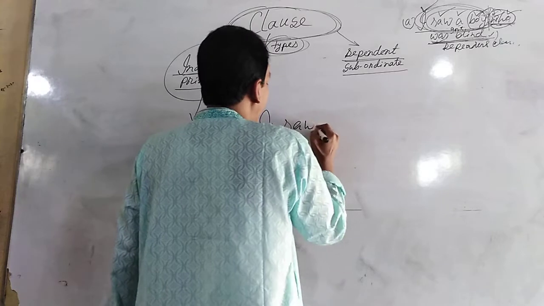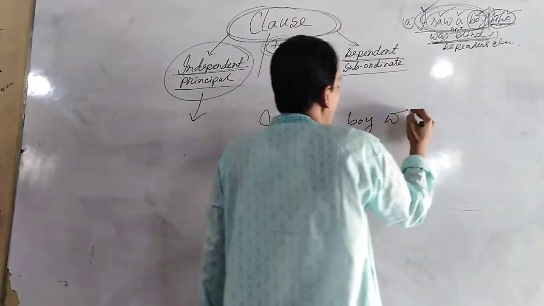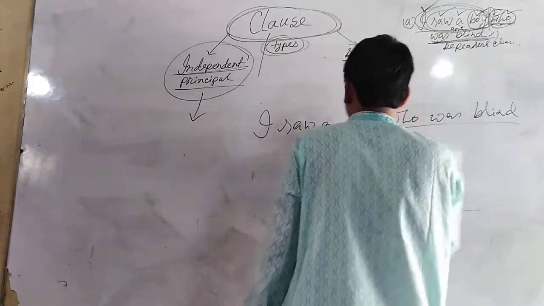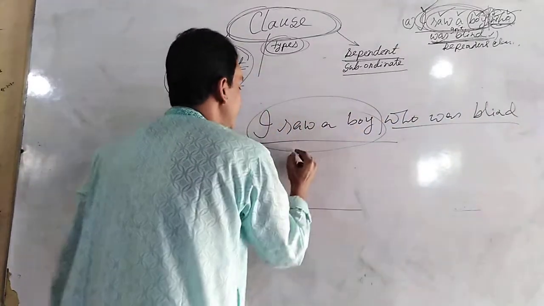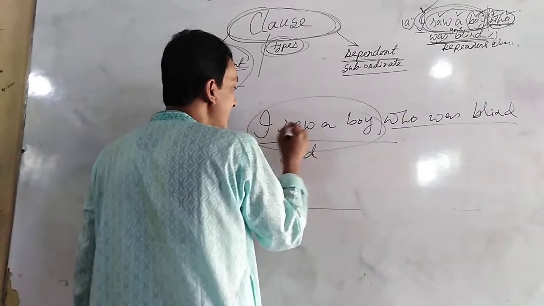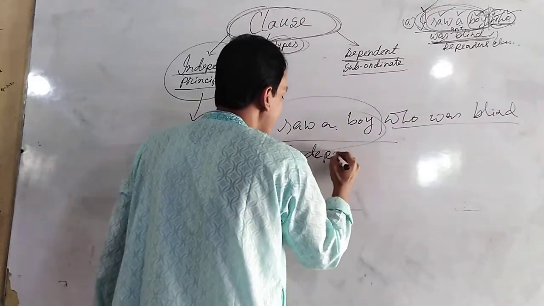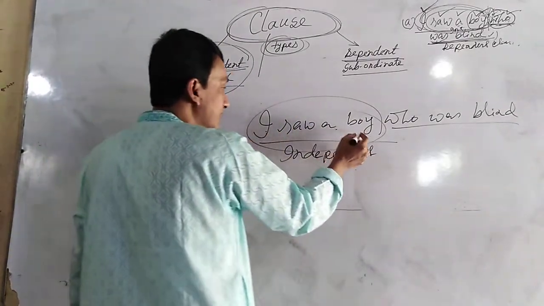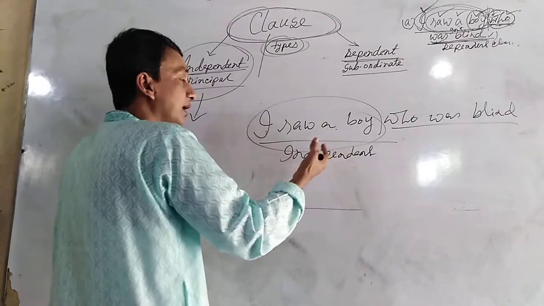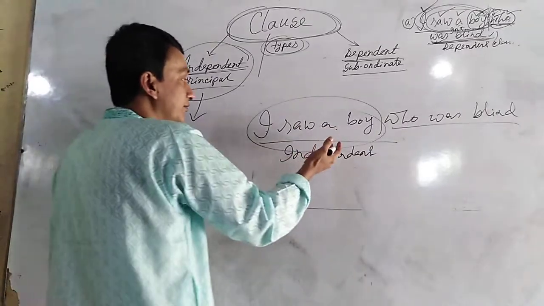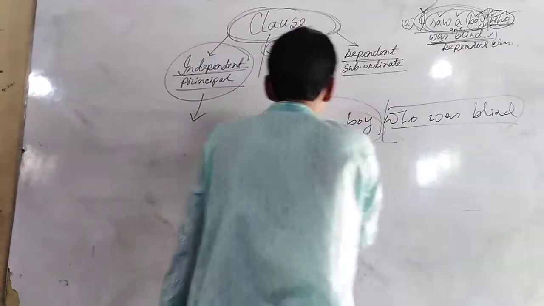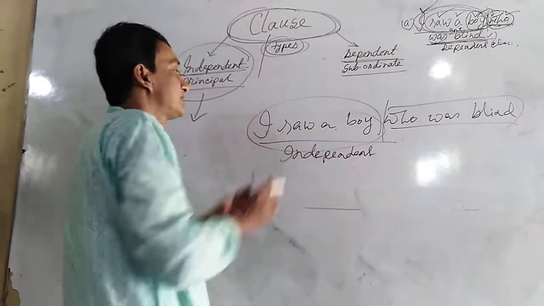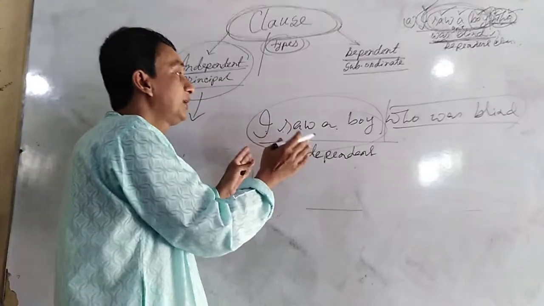I saw a boy who was blind. This portion, I saw a boy, is an independent clause or principal clause, because this clause can make a complete thought by itself. It does not need this portion. I saw a boy itself is a sentence and it can express a complete thought.